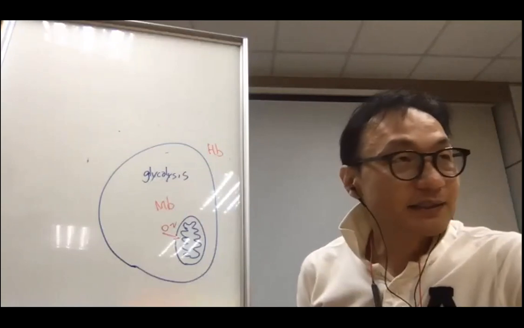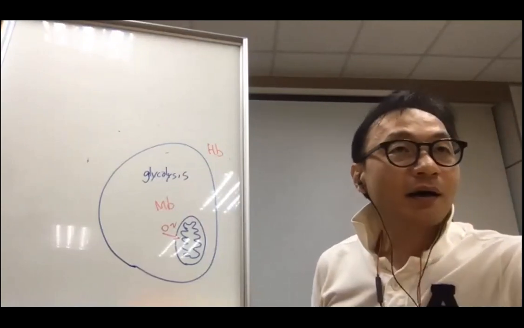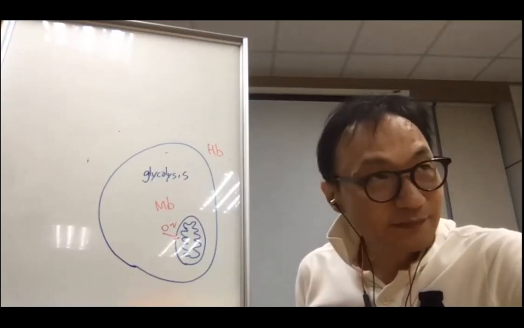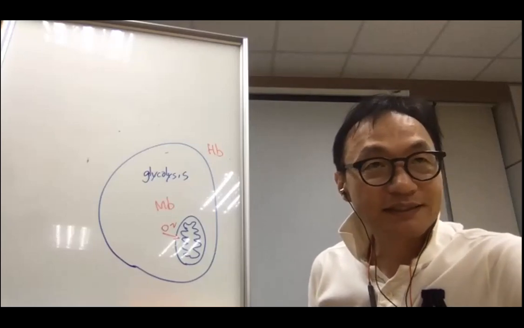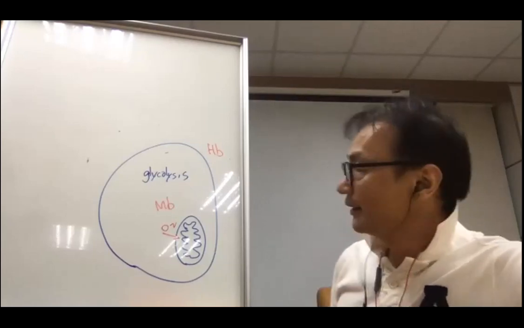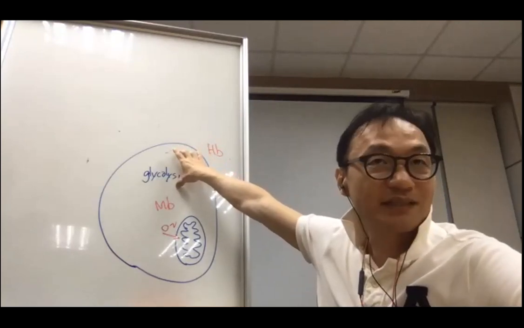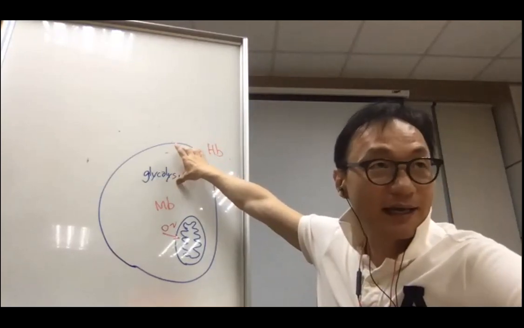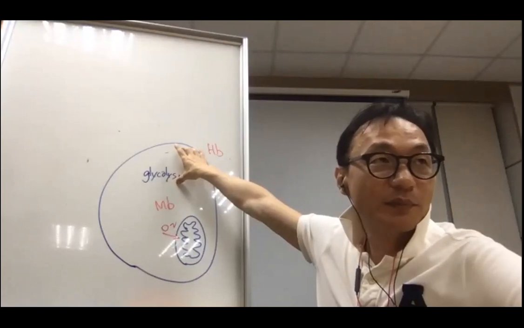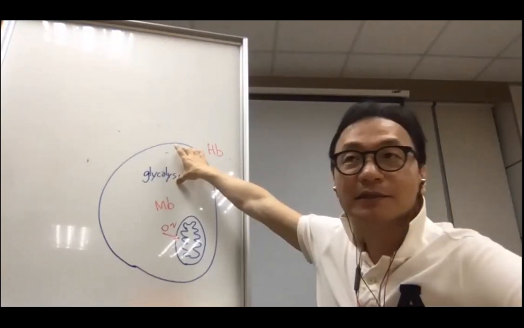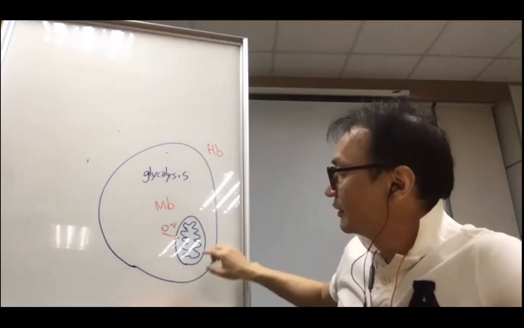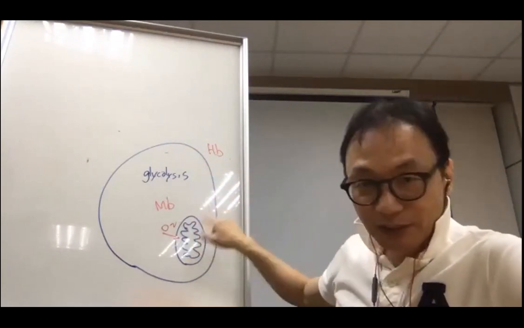When the cells are primitive, when the cells are young, they rely more on glycolysis. So if you are a stem cell, you rely more on glycolysis. And if you are mature, becoming a mature muscle fiber, you rely more on mitochondria.